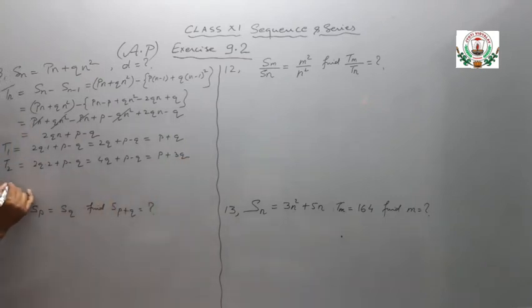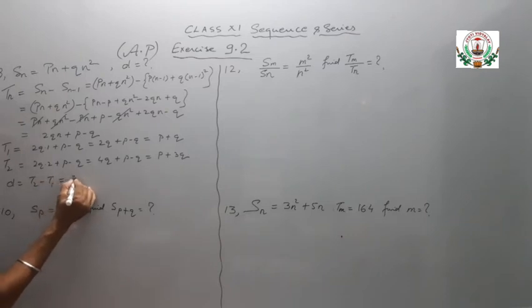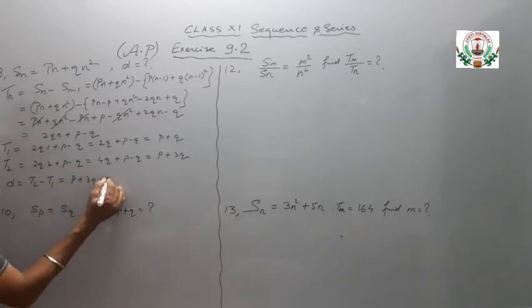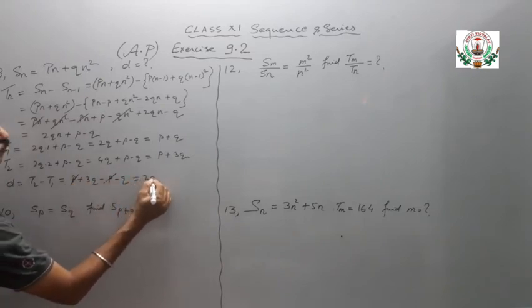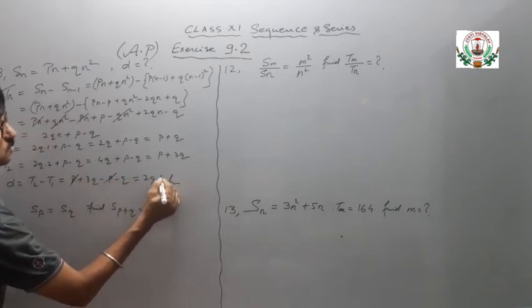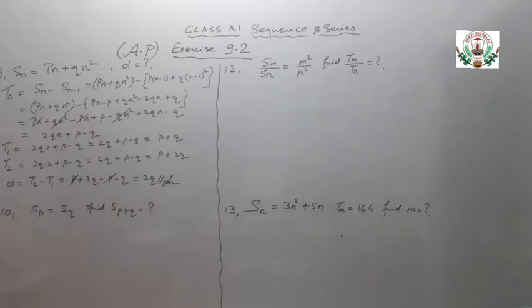Now common difference d, we know the formula, second term minus first term: p plus 3q minus p minus q. So 3q minus q will be 2q. This is our answer. Clear?